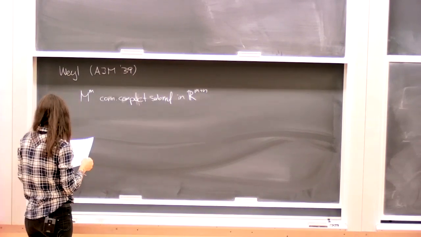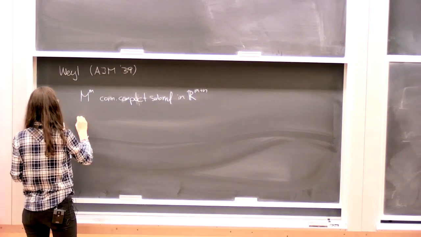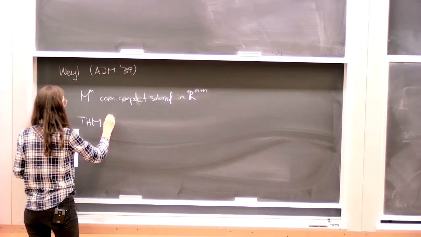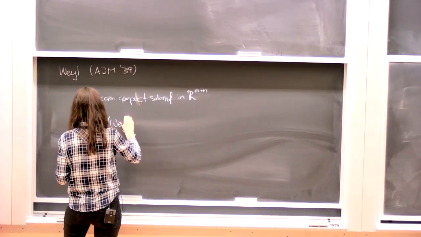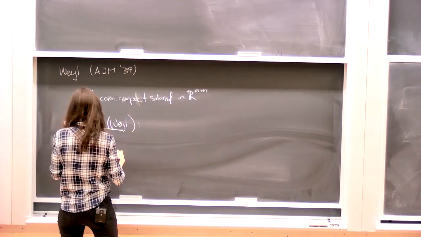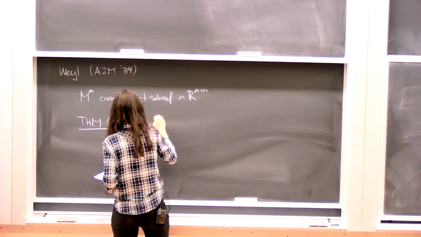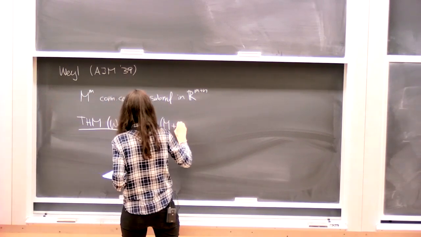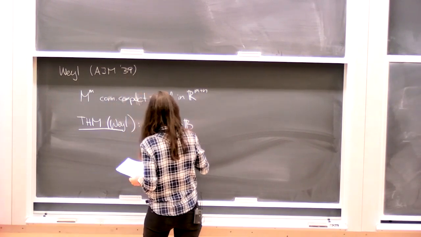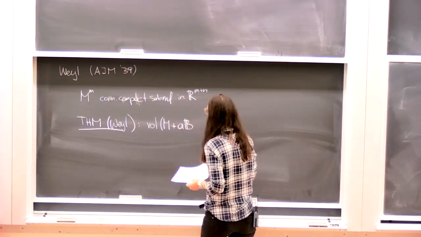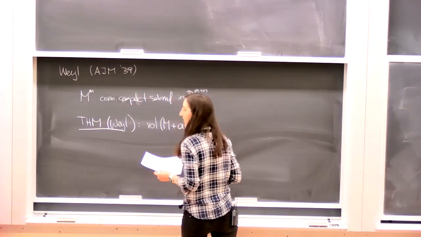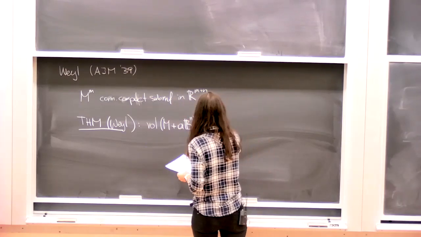And so what he showed is the following. I'm just going to write it down. Theorem of Weyl: the volume of this tube is now the following. Of course, the parameter A has to be small, right? Otherwise, you're going to have self-intersections.